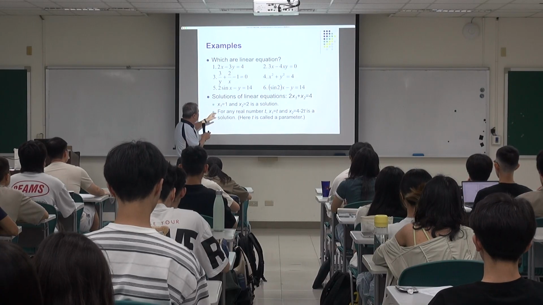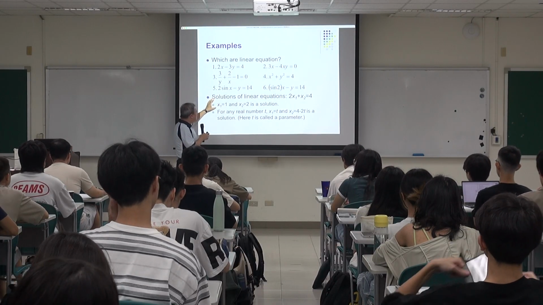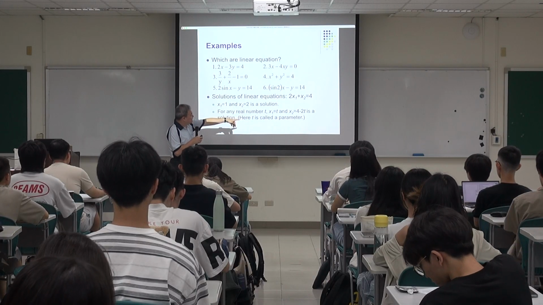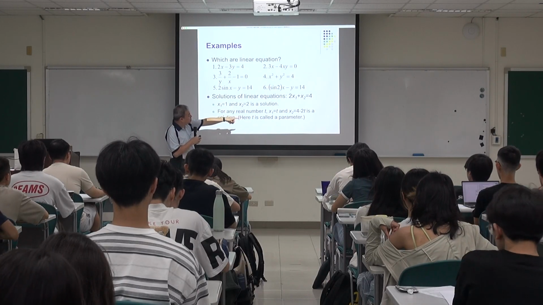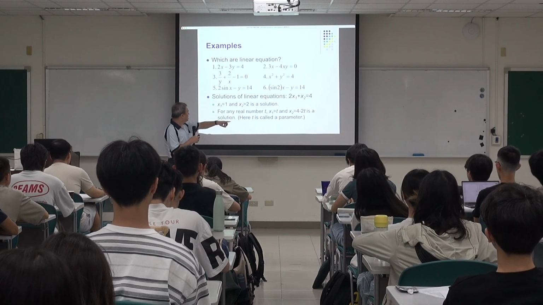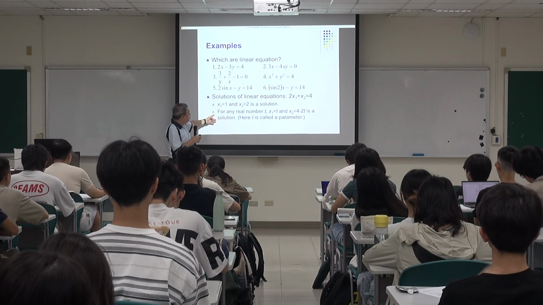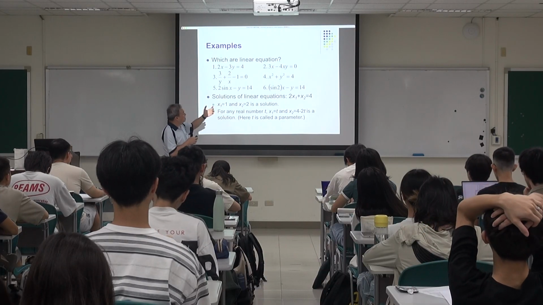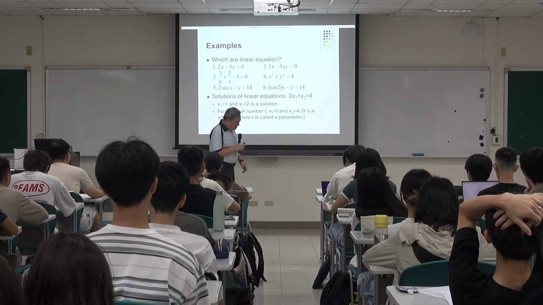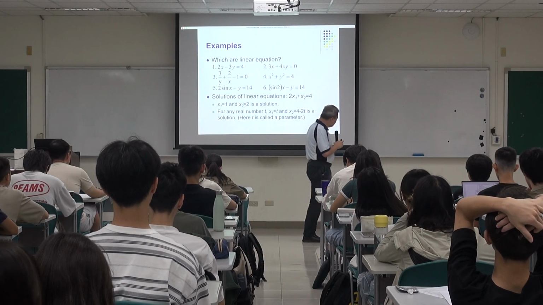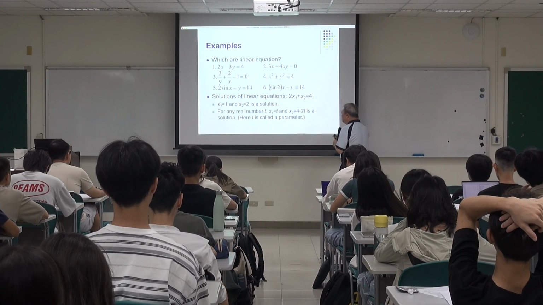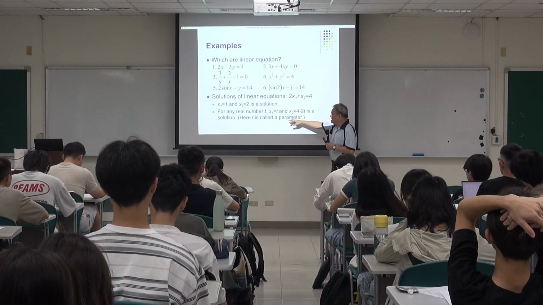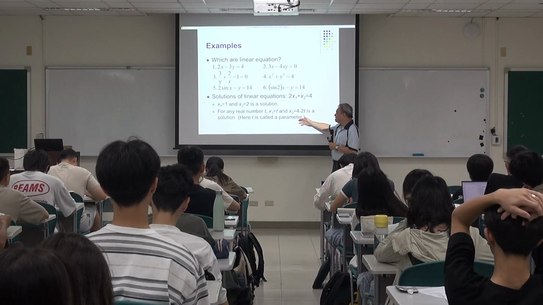And you could go one step further. For any real number t, x1 equal to t and x2 equal to 4 minus 2t is a solution. We call this a general solution, to represent general solutions for this linear equation, in which t is in particular a parameter.